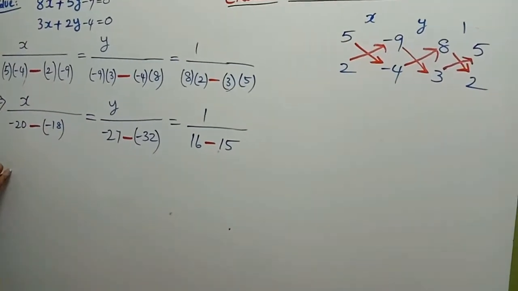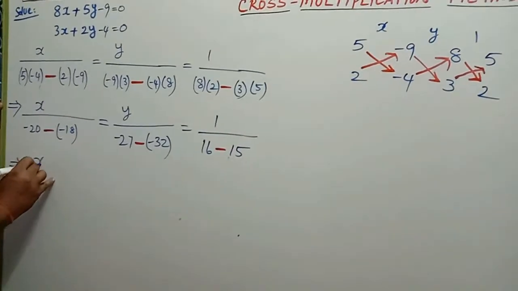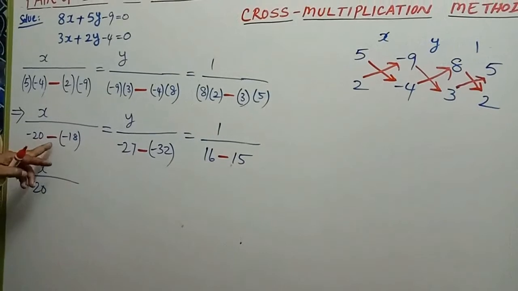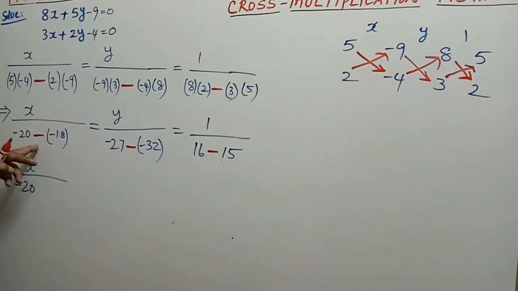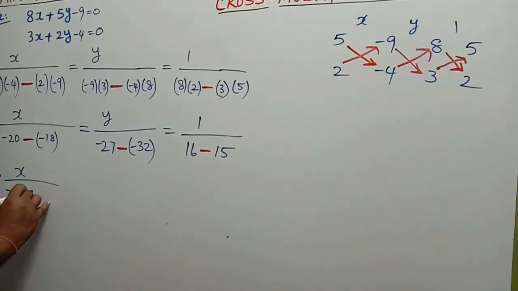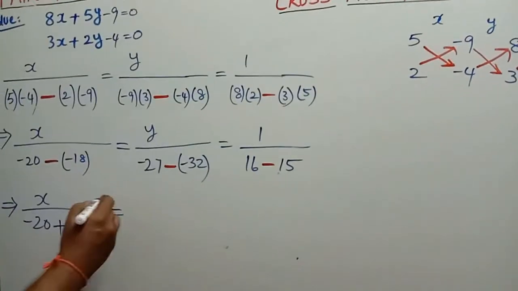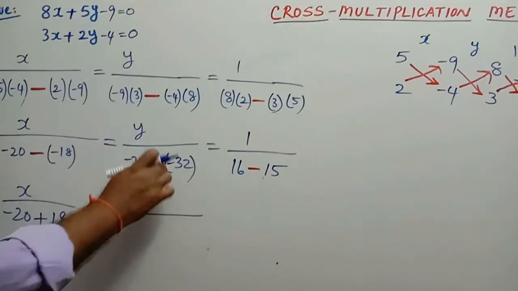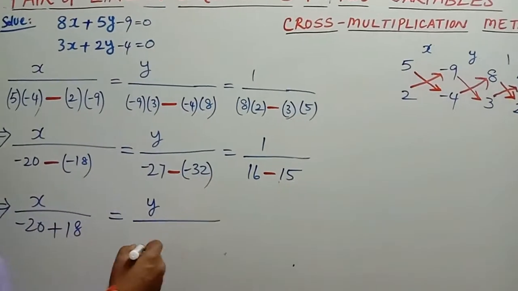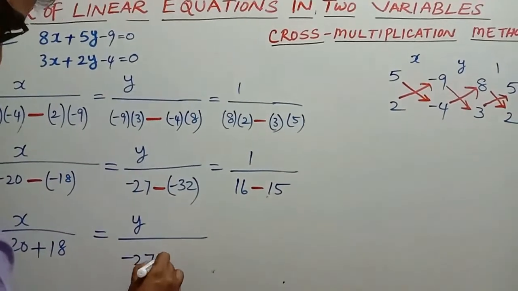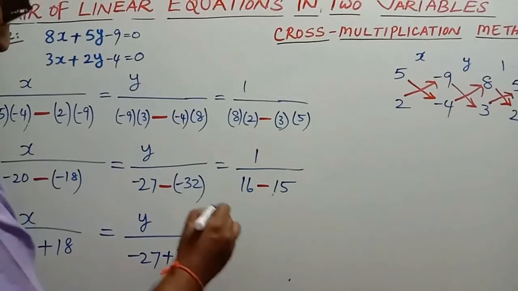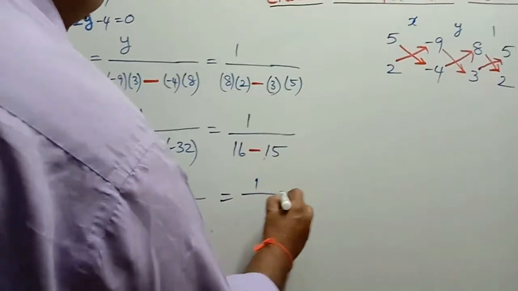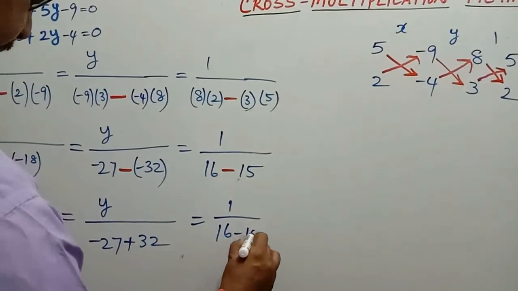Next step, x by minus 20, minus into minus is plus, plus 18, equal to y by minus 27 plus 32, equal to 1 by 16 minus 15.